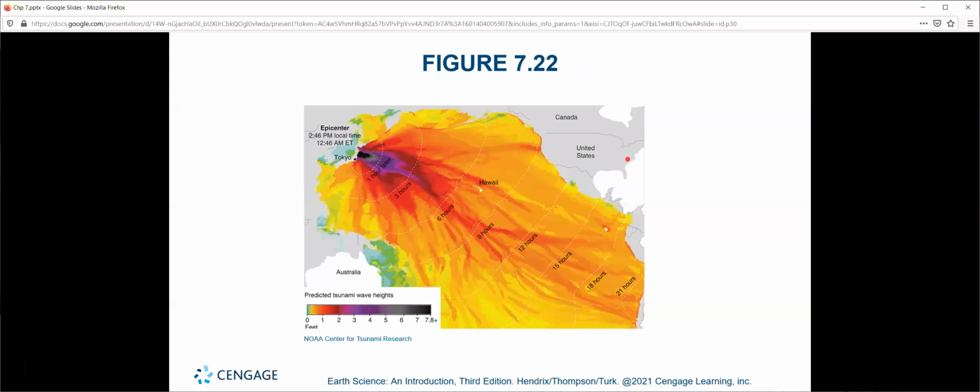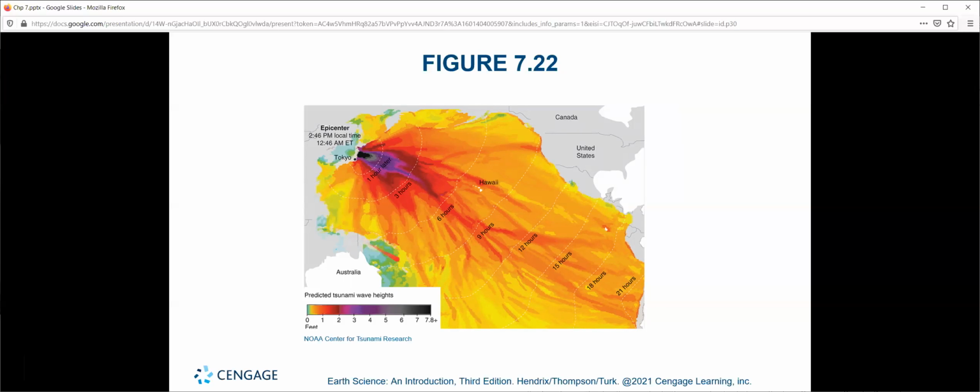So let's take a look at this example here. We have an earthquake right here near the epicenter, right? The closer you get to the earthquake, that dictates how powerful the earthquake is going to be, right? Closer to the source of the energy, closer to the grenade going off, the more likely your hand's going to get blown off. This black color here represents the most powerful, highest tsunami waves, what have you.